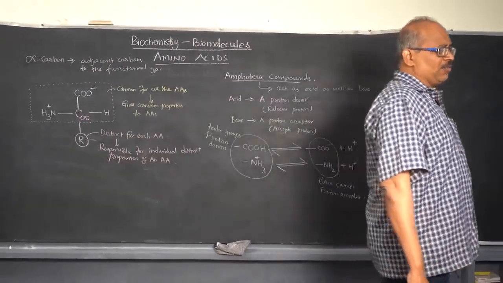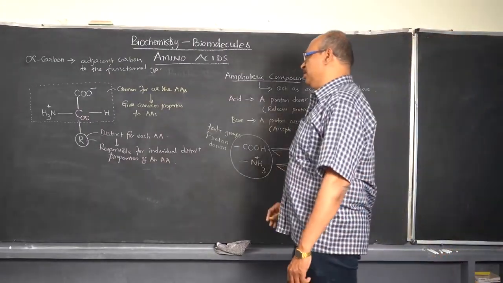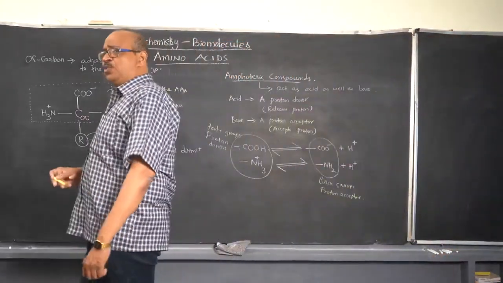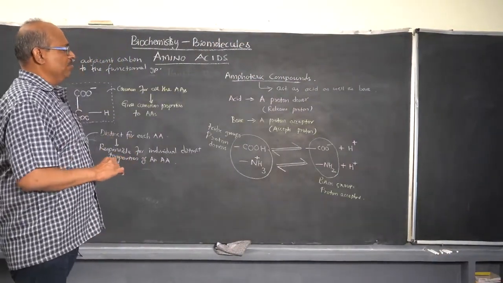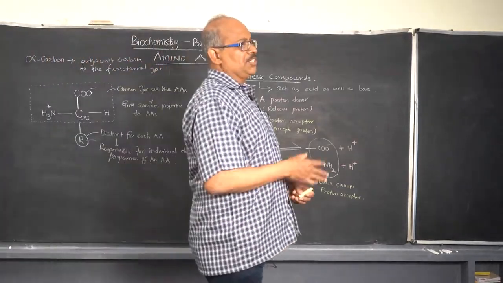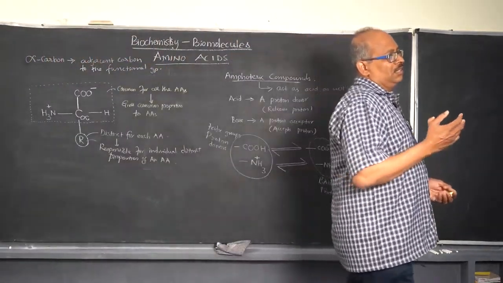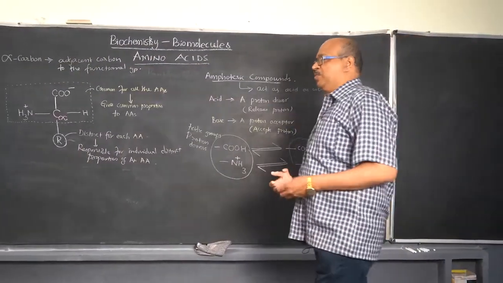Amino acids are amphoteric compounds having both acidic and basic groups. The acidic group is one which donates the proton. The basic group is one which accepts the proton. And when you look at the molecule, the acidic groups are the COOH group and the NH3 plus group.